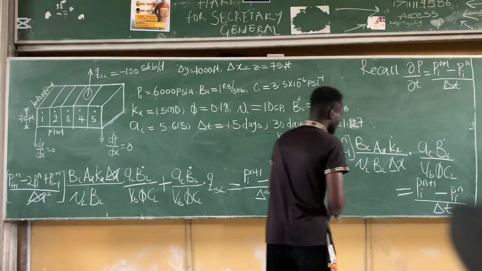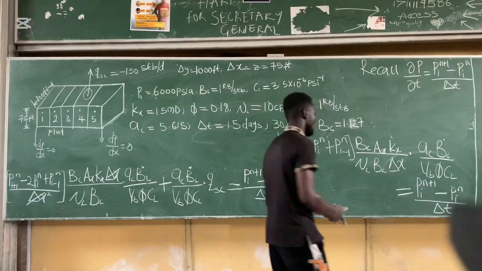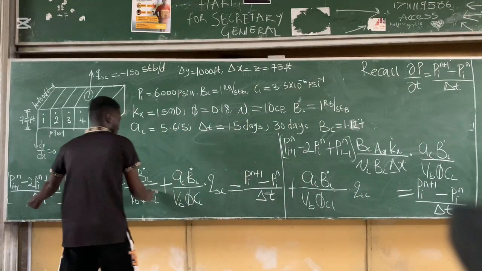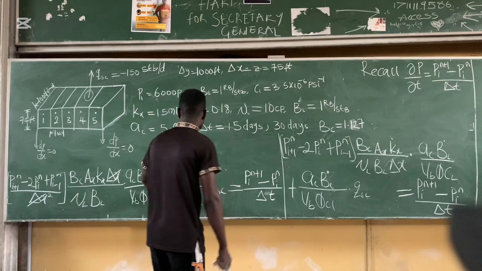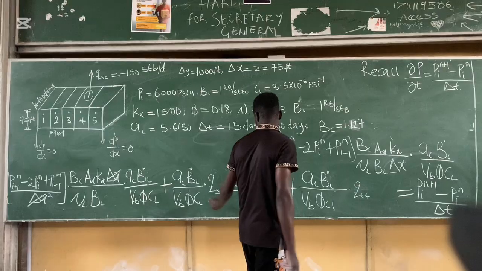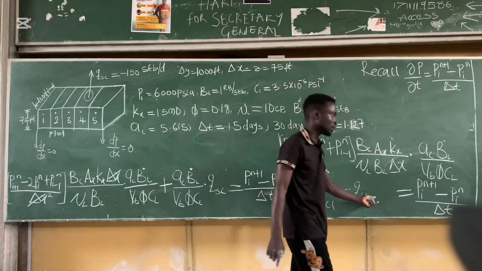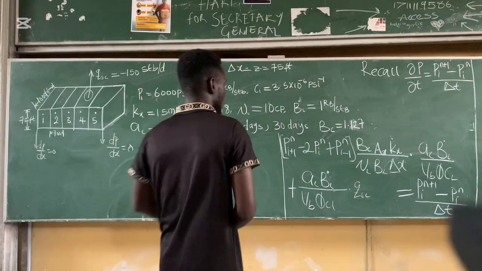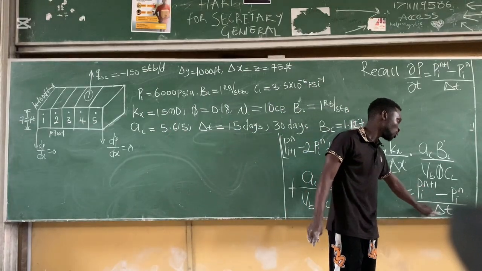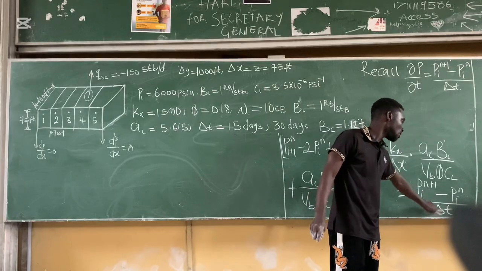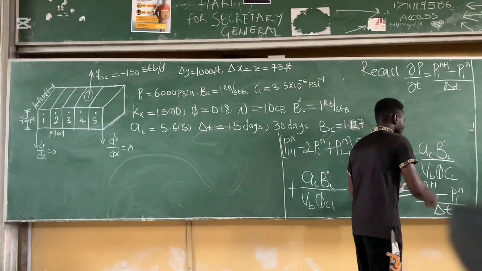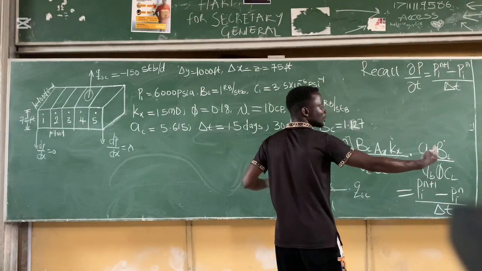If we multiply through by delta t, then after this first part, we are supposed to add A_c B_L over V_b phi c_L dot Q_sc, which will give us this. So let's make P_i^(n+1) the subject of the formula. We said that we have to multiply through by delta t, such that delta t multiplied by this cancels out delta t. Also, we are going to write the equation now from the right hand side to the left hand side.